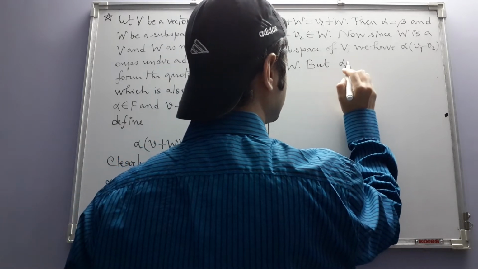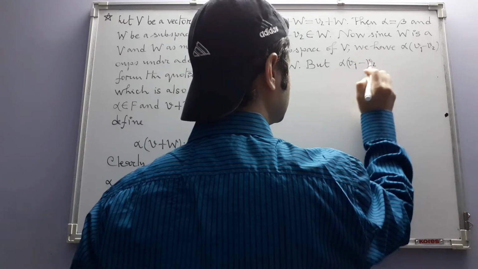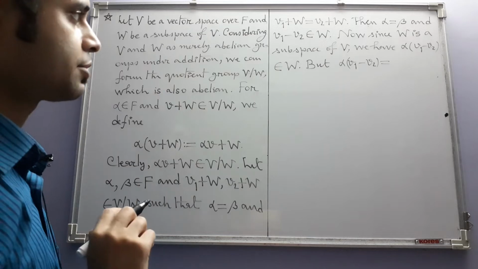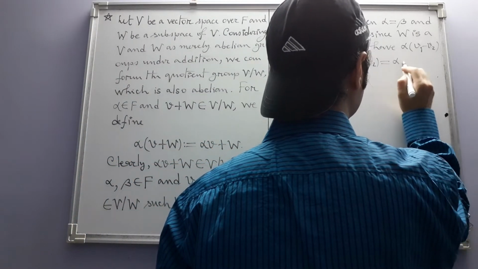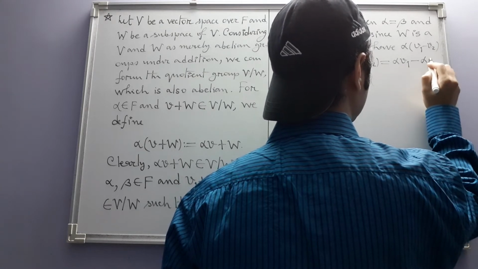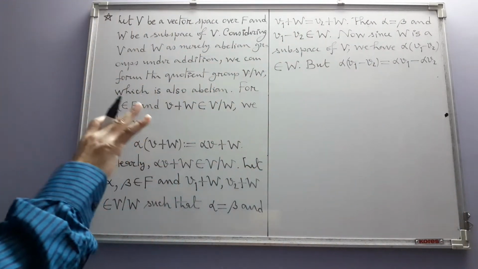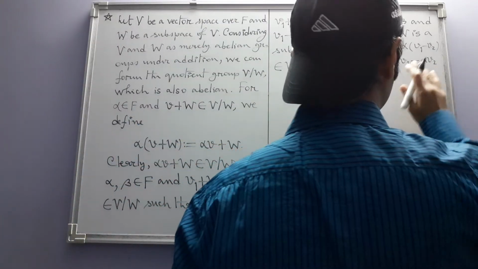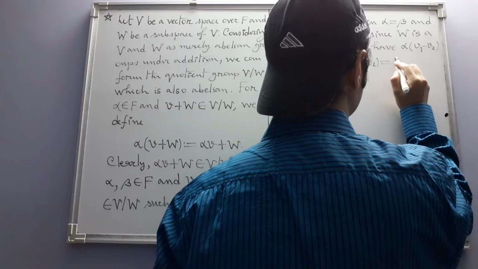But this is equal to, now use that lemma that we saw in the last video to carry out this multiplication, alpha v1 minus alpha v2. Actually, if we just simply write it directly like this, then it may be somewhat confusing. So let us see the intermediate steps.